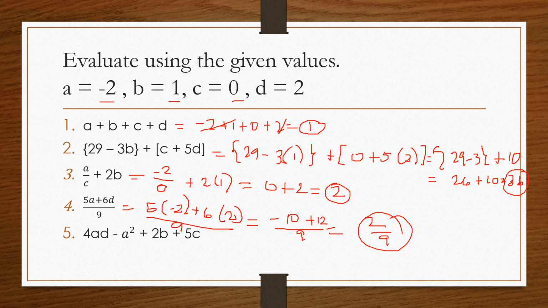Next, we have 4AD minus A squared plus 2B plus 5C.